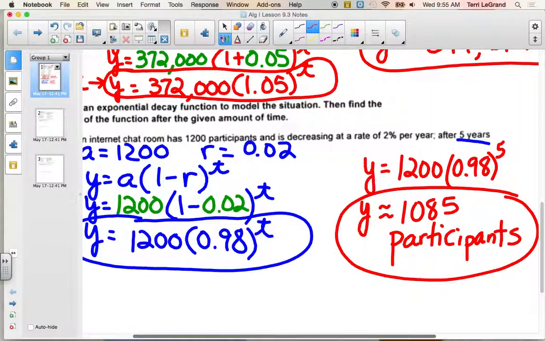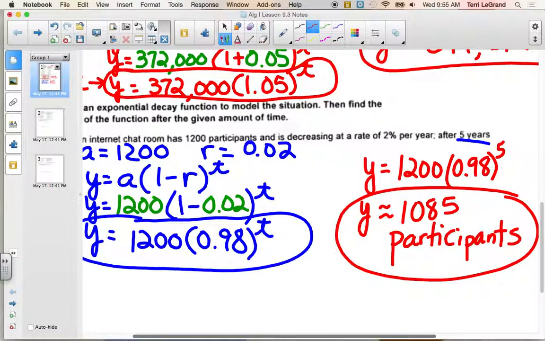So you got rounded to 1,085 participants. Does our answer make sense? Why? Less than the original number. It was decreasing.